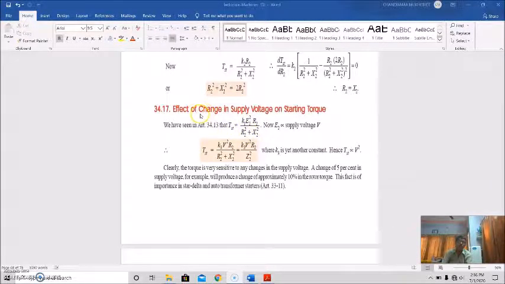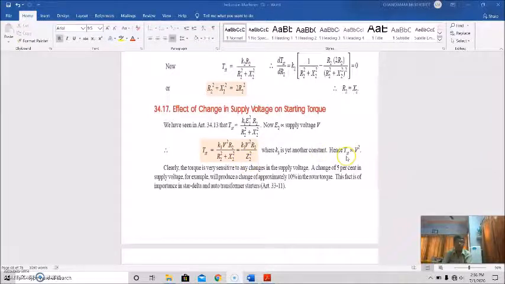Now this E2 is proportional to the supply voltage V. So if we replace E2 squared by a constant times V squared, that constant times K1 will generate another constant, K3. So the starting torque expression will be K3 V squared R2 by R2 squared plus X2 squared.